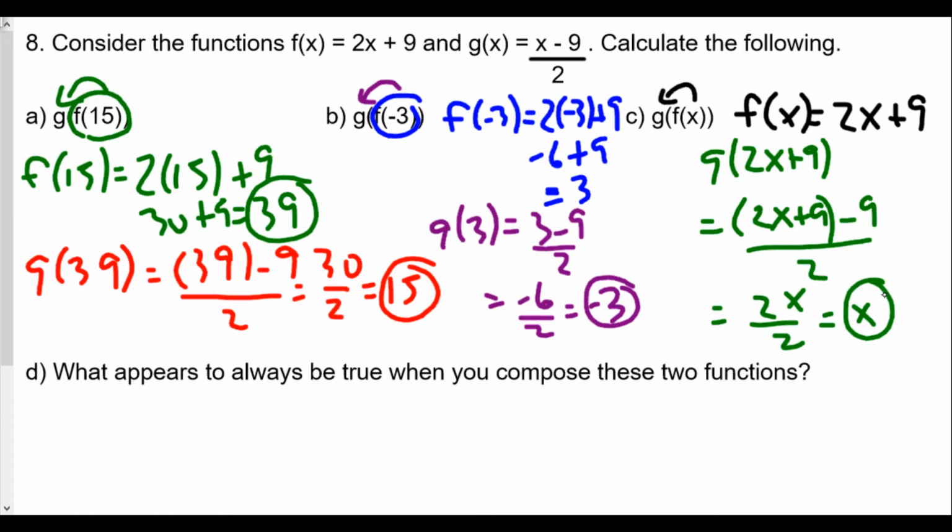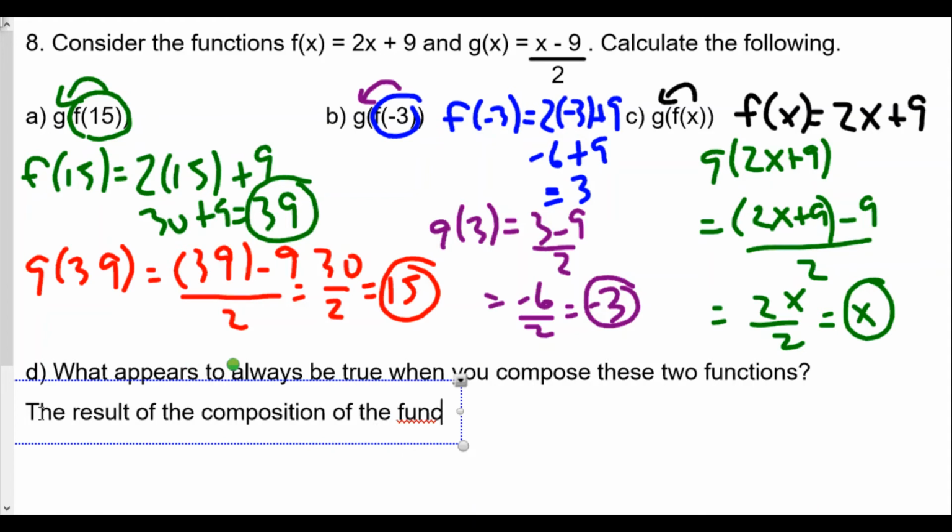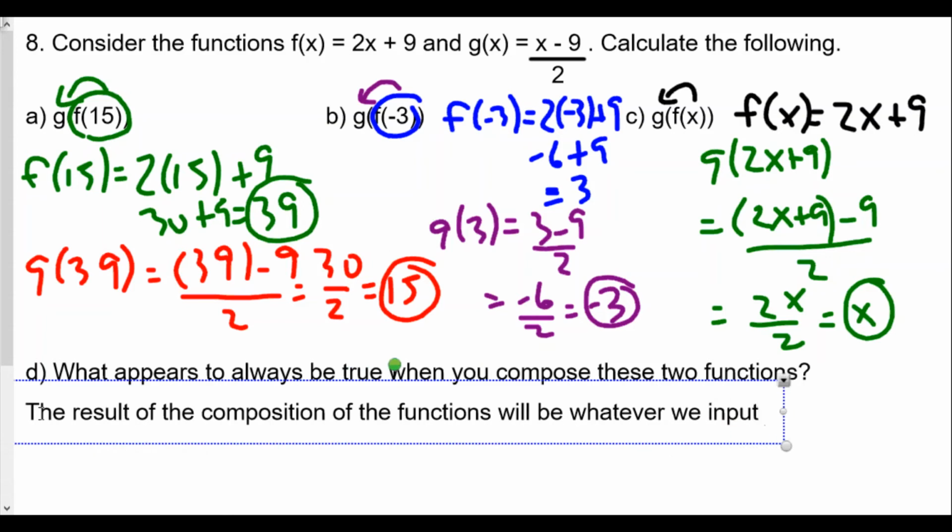So the combination of these two functions gives us back the number we plug in. So what appears to be true when you compose these two functions, no matter what, is that the result of the composition of the functions will be whatever we input.